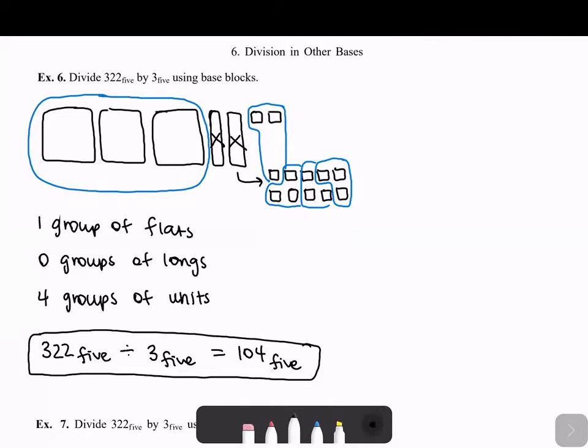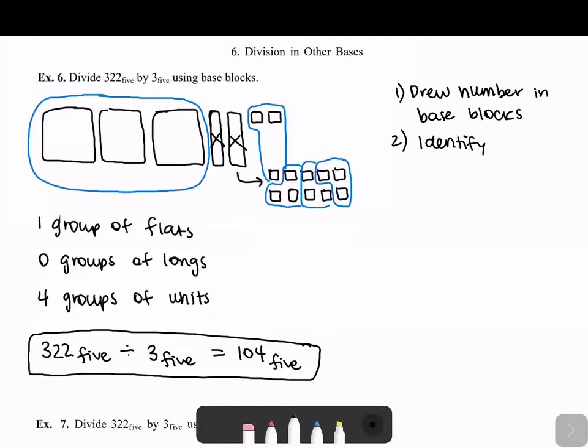So what we did was we drew the number in base blocks, first of all. That's what we always do first when we deal with base blocks. We drew the number in base blocks. And then we started making groups of size 3. I'm going to say identify because we don't really make them, we just point them out.